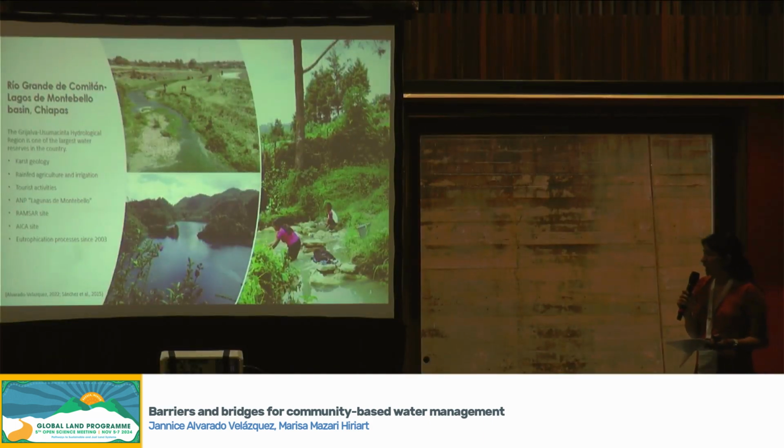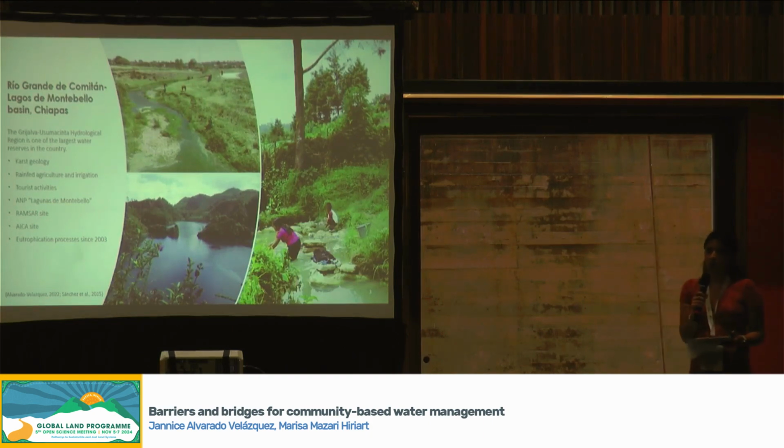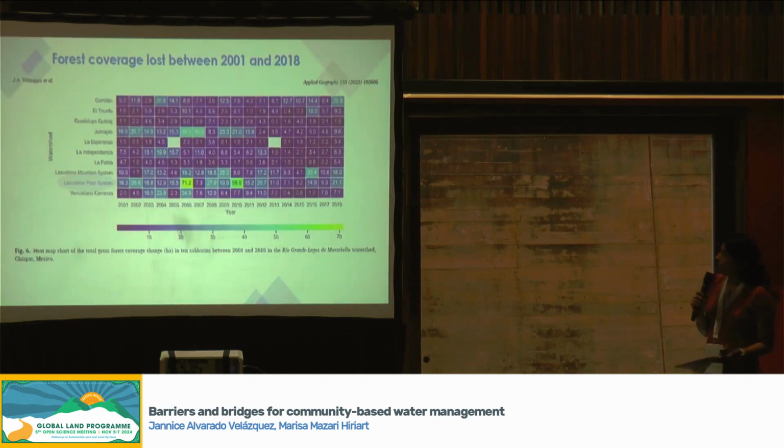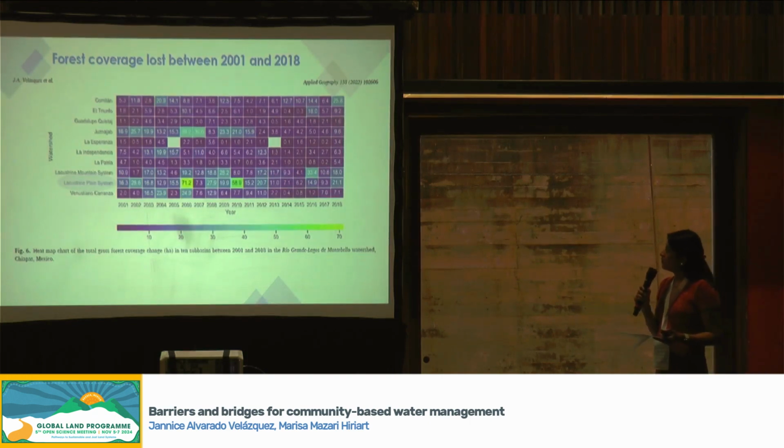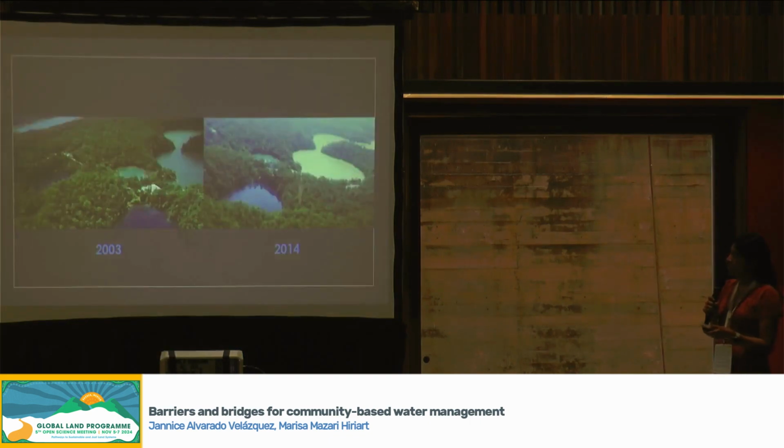But the eutrophication process starting in 2003 began to change the color of the lakes. In this heat map, we subdivided the watershed into subbasins. We can see the lacustrine plain system, with the most forest loss between 2006 and 2010 in this subbasin, according to these photographs.